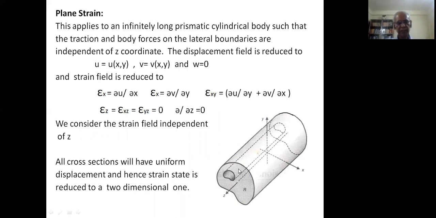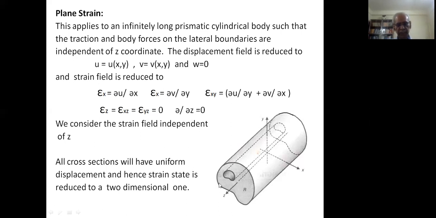And this means that for plane strain, we have got strain in the z direction equal to 0. Now, epsilon z, epsilon xz, epsilon yz equal to 0, and variation with respect to z is also 0.